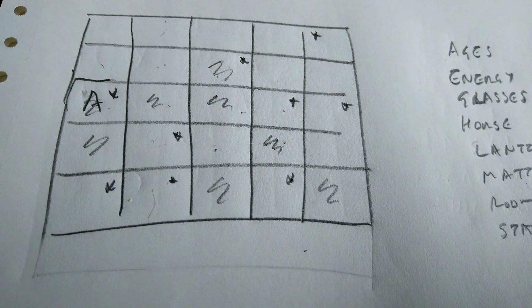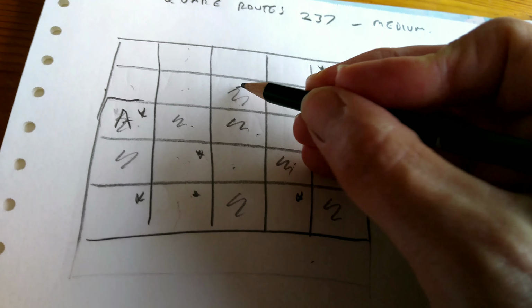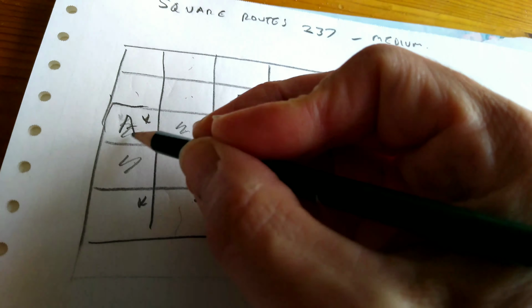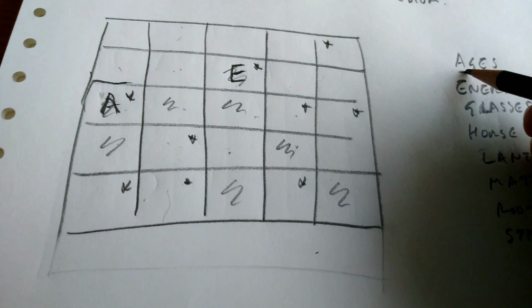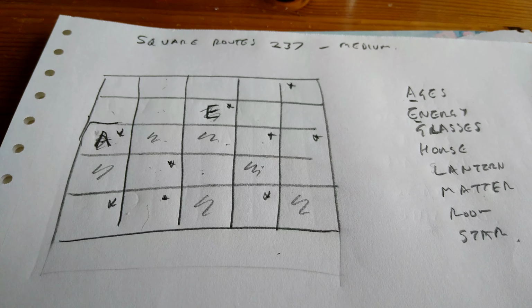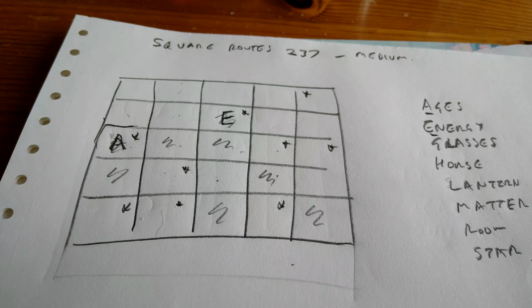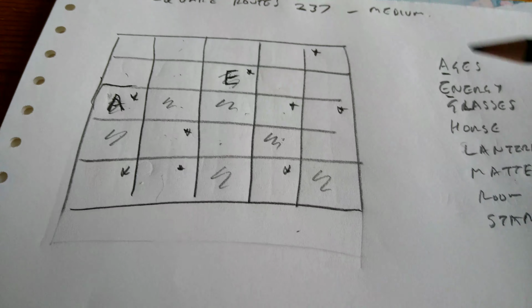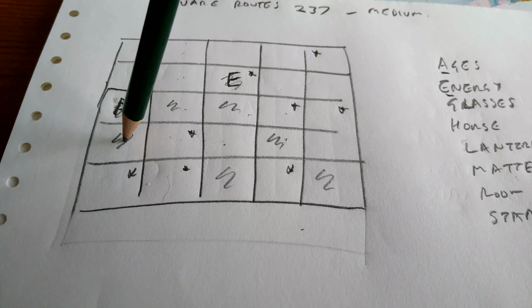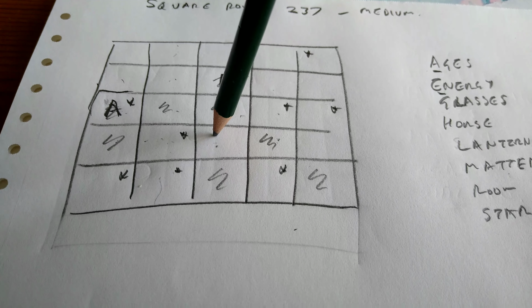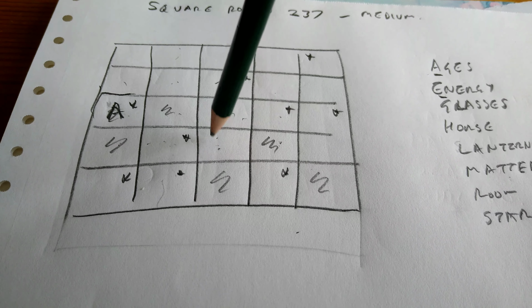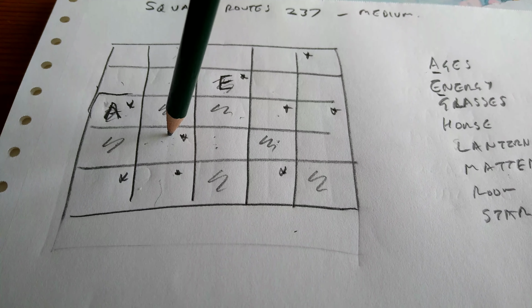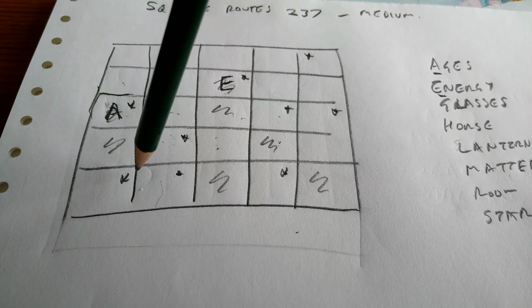The A is there and the E is there for ages and energy. So if we look at ages, it can't go down and then across. It's got to basically use that E, because if it used that E, it's got nowhere to go for the S if it went A-G-E, because that's a vowel.